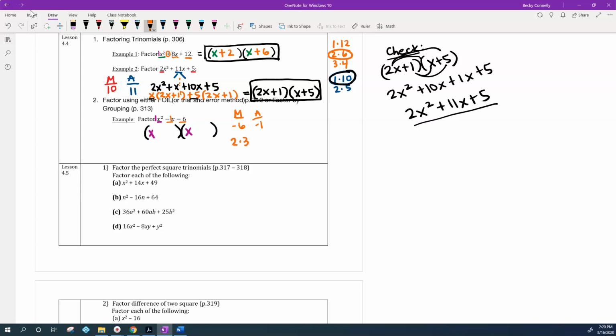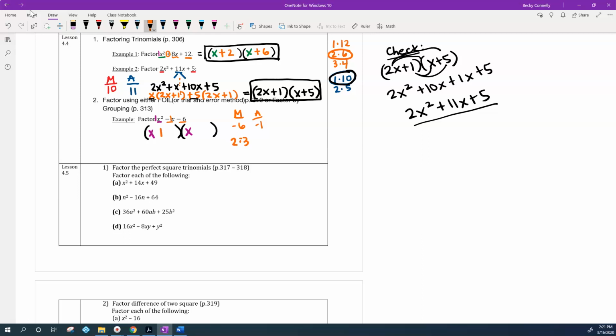On this one, if 3 was negative and I add those together, then this would work, because 2 times negative 3 is negative 6, and 2 plus negative 3 is my negative 1.